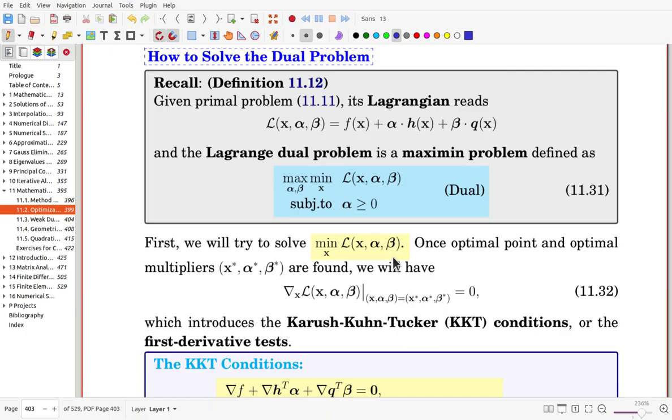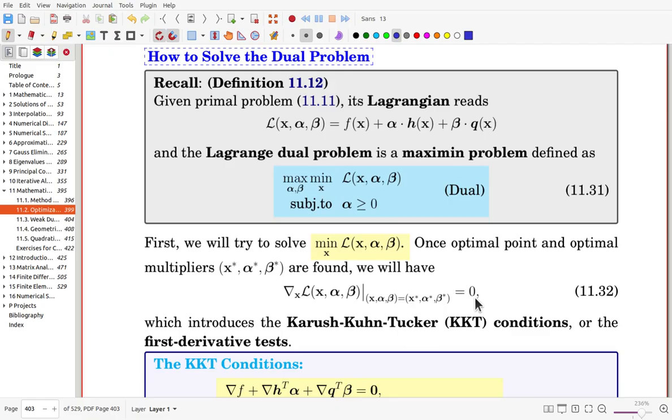Assume we have the optimum point and optimal multipliers, x star, alpha star, beta star. Then for this Lagrangian, we take the gradient with respect to x, and with x, alpha, beta replaced by the optimal point and parameters, the value must be 0.